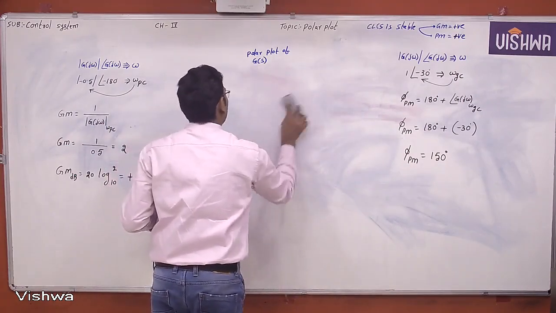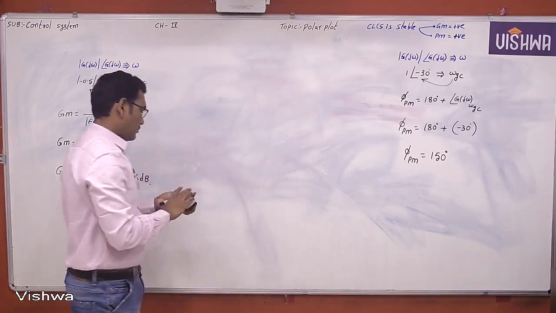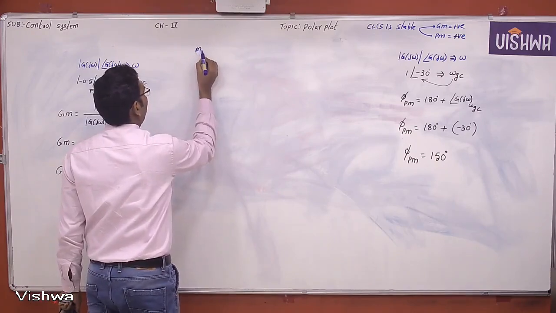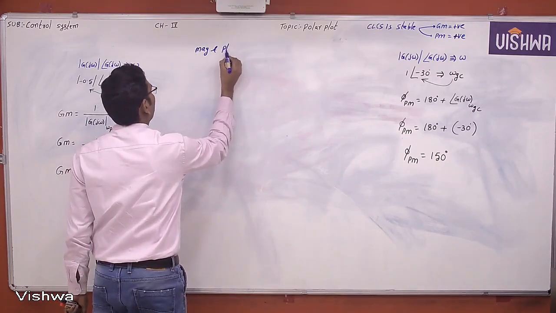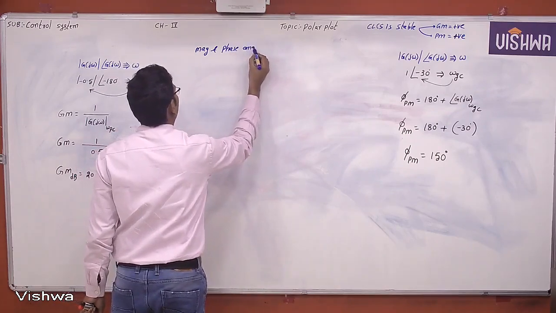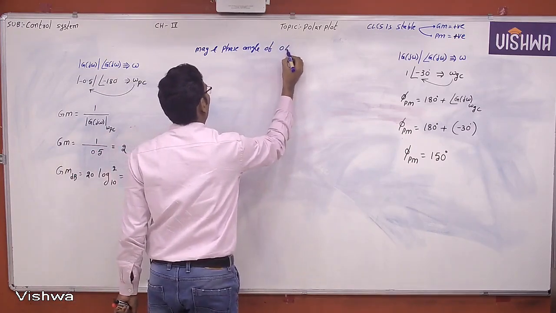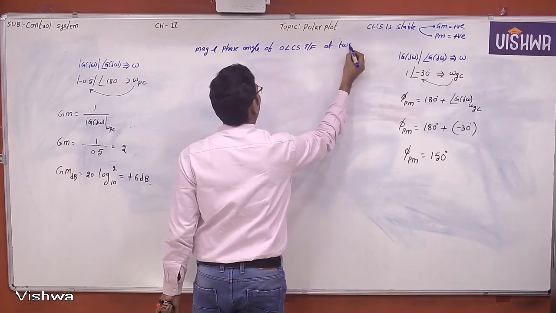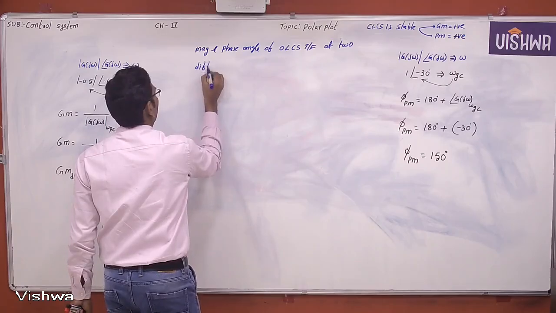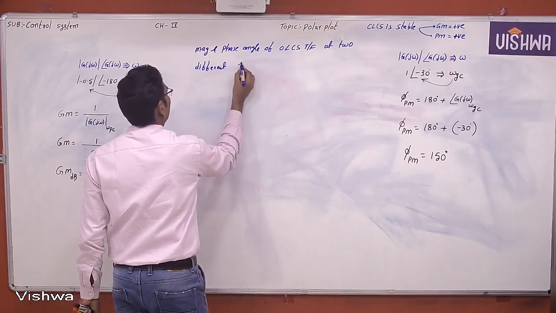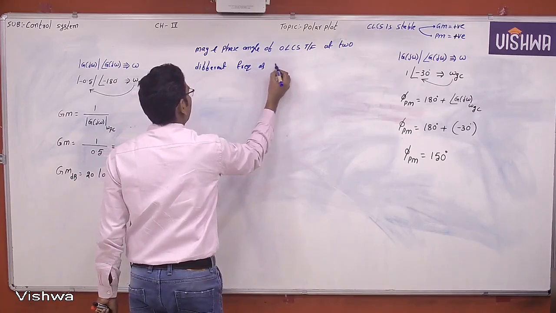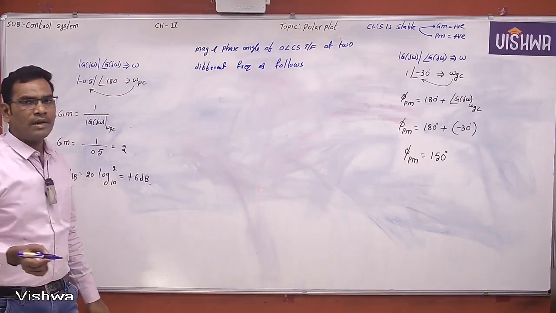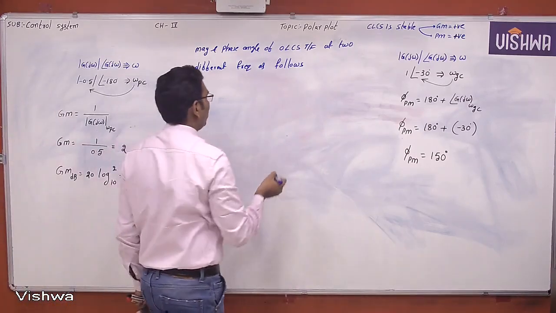Now one question is given like this: magnitude and phase angle of an open loop control system transfer function at two different frequencies as follows.